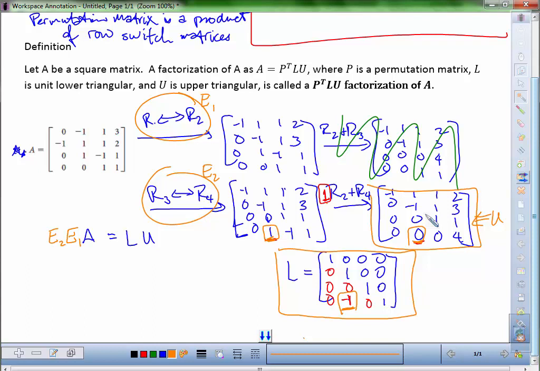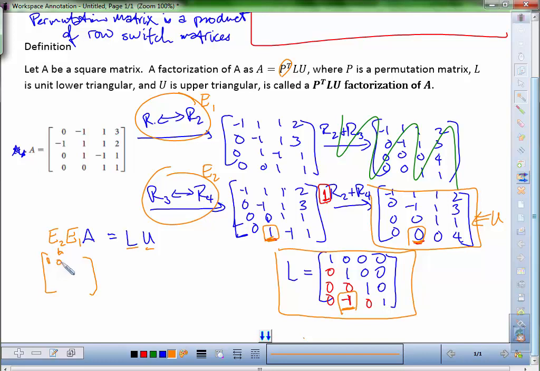Okay, so we're not quite done yet. We have L and we have U. Now, we're going to figure out what those two switches that we did are. We have to account for that so that A is going to equal this decomposition. So the E2 matrix is switching rows 3 and 4.